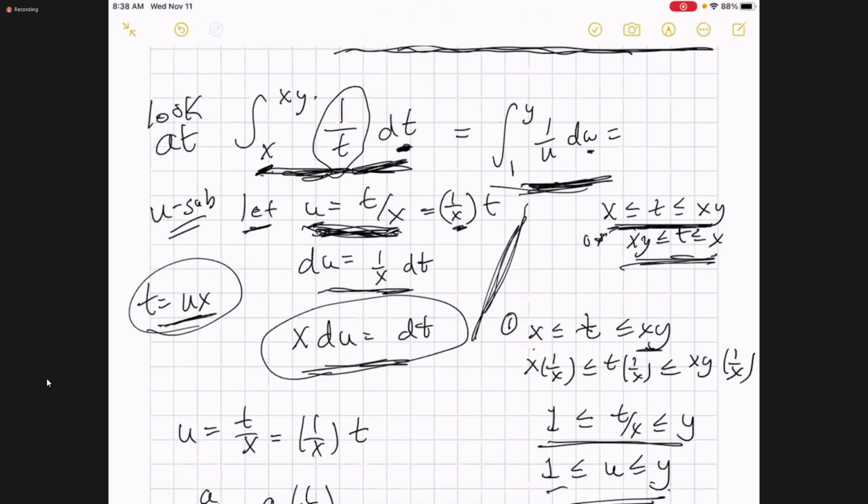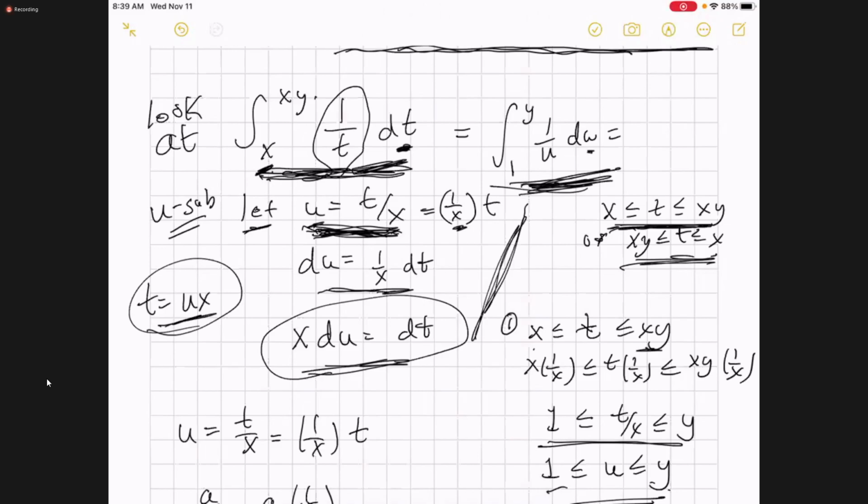I have defined u to be t over x. You can define things in mathematics any way you want. Whether they help you do anything is another question. But this definition is going to help me show that this integral is the same as that integral.